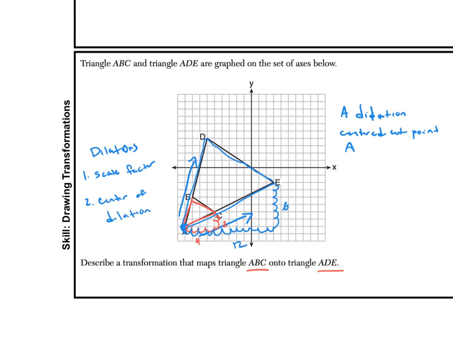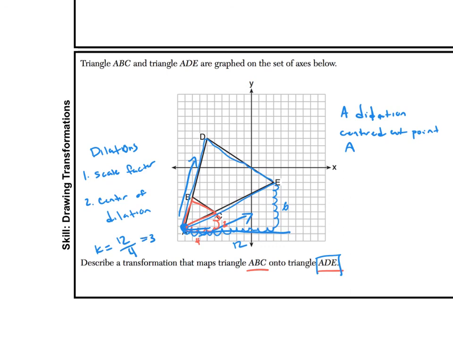All right? Now, if you take those numbers, you might remember to find out our scale factor, we just do the image over the pre-image. Since ADE is the image, the result of the dilation, we can just do 12, which is this length, over 4, which is this length. 12 divided by 4 is 3. So remember, this got 3 times as far away.